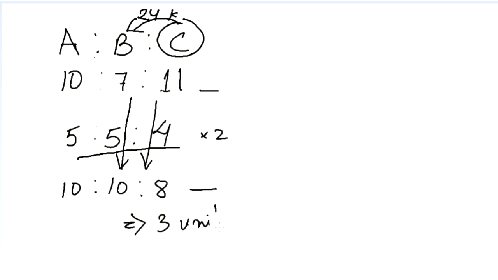So the 3 unit increase is the same as 24,000 in terms of money. So the total money they have will be how much?